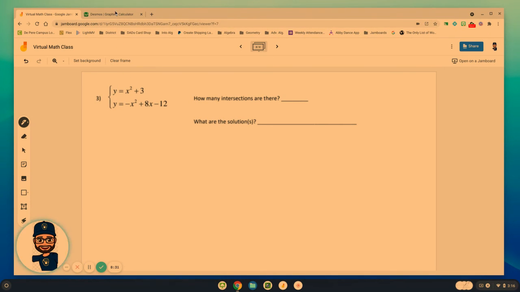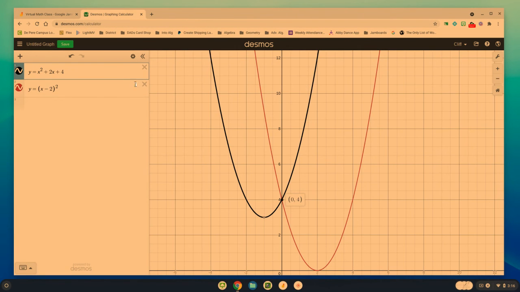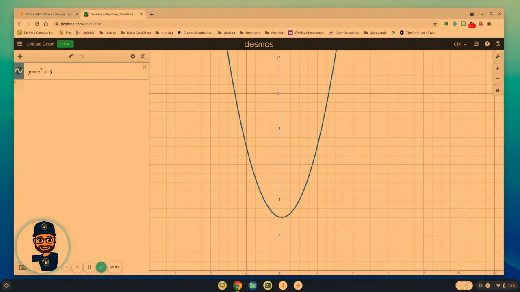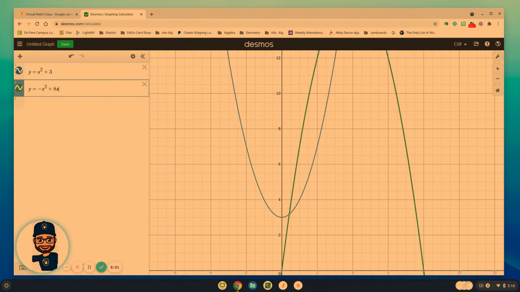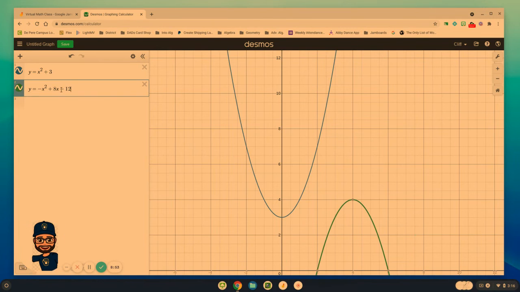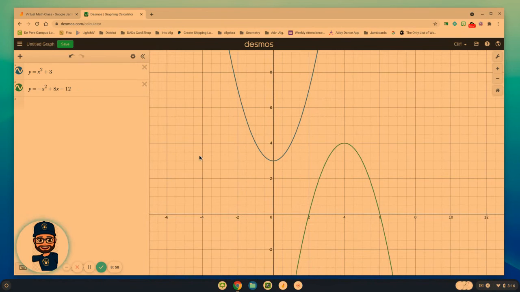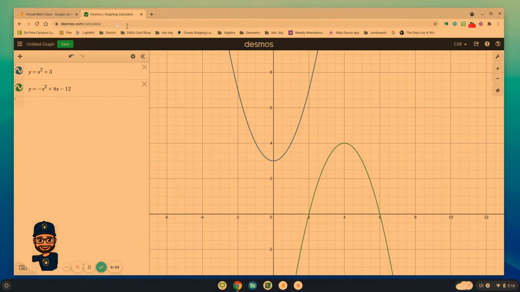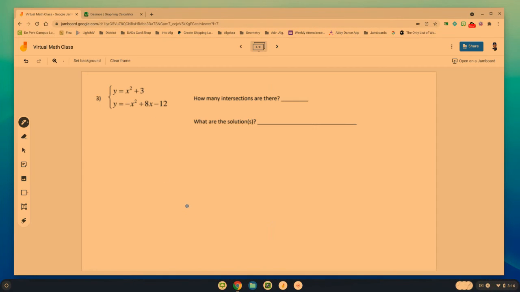Okay, let's go back to Desmos. y equals x squared plus 3. y equals negative x squared plus 8x minus 12. Oh, look at what happens. One is opening up, one is opening down. Do those 2 parabolas ever intersect? They do not. They do not intersect.